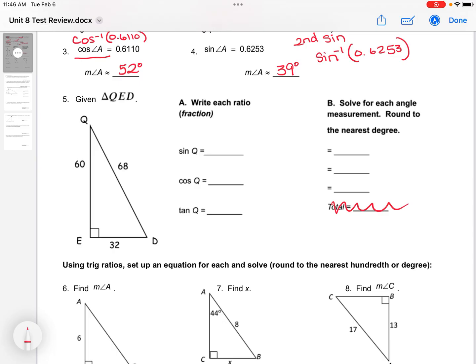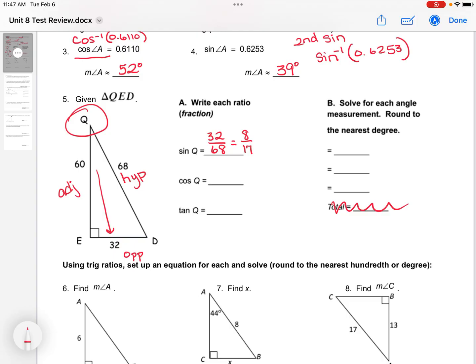This says to the nearest hundredth, but okay, so on this one, we're not actually doing the total because we're talking about angle Q. So this is the opposite, this is the adjacent, and this is the hypotenuse. So the sine of Q, we're going to make a ratio or a fraction that's going to be the opposite over the hypotenuse, which is 8/17 if you're a simplifier.